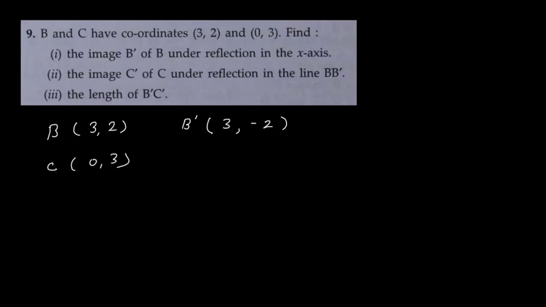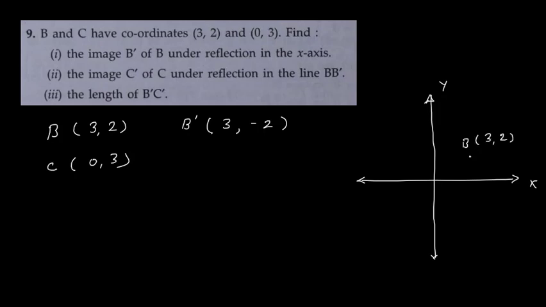So let me draw the coordinate axes. That will give you a clear idea of what it is saying. So this is the x-axis, this is the y-axis. The coordinate of B is 3, 2, so 3, 2 will be somewhere here. This is your point B with coordinate 3, 2. Now we have taken its reflection in the x-axis, so we get a point here, B dash, which is 3, minus 2. So this is BB dash.